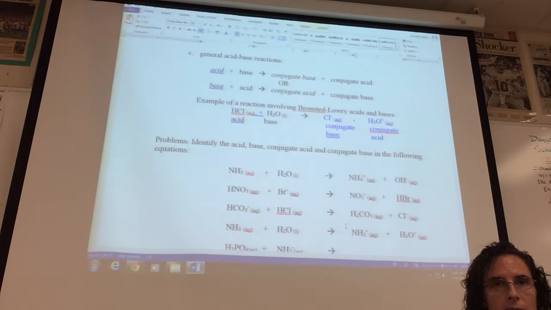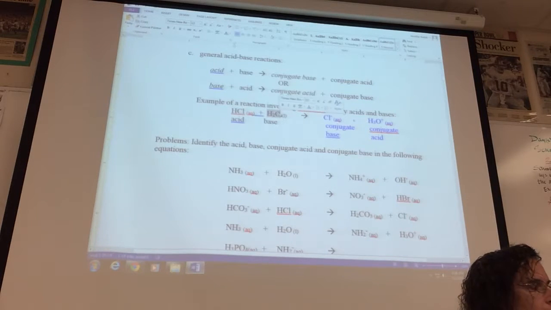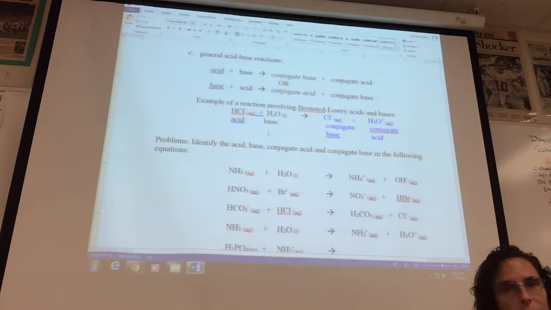These will be Bronsted-Lowry acids and Bronsted-Lowry bases, so the base will not have OH in them. An acid and a base react to form their conjugate pieces. For example, hydrochloric acid and water. Soon you will know that hydrochloric acid is an acid, so you'll recognize it.